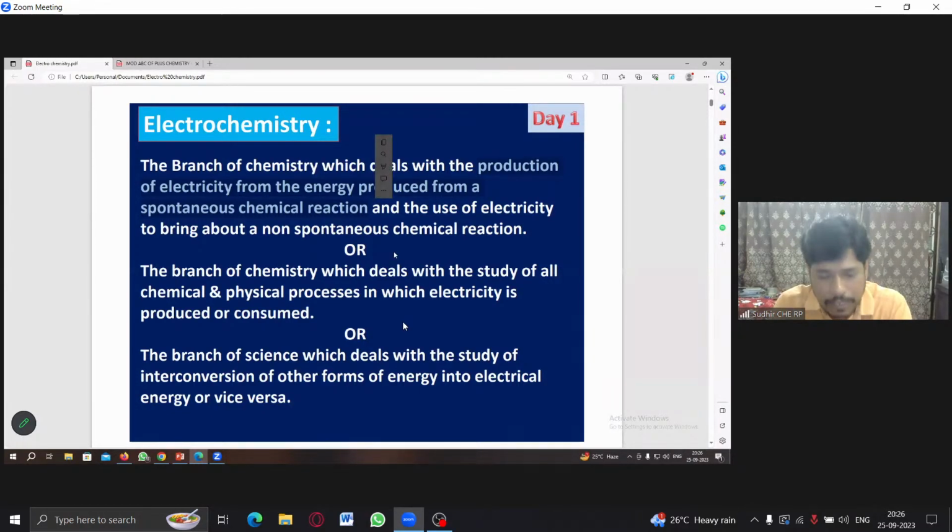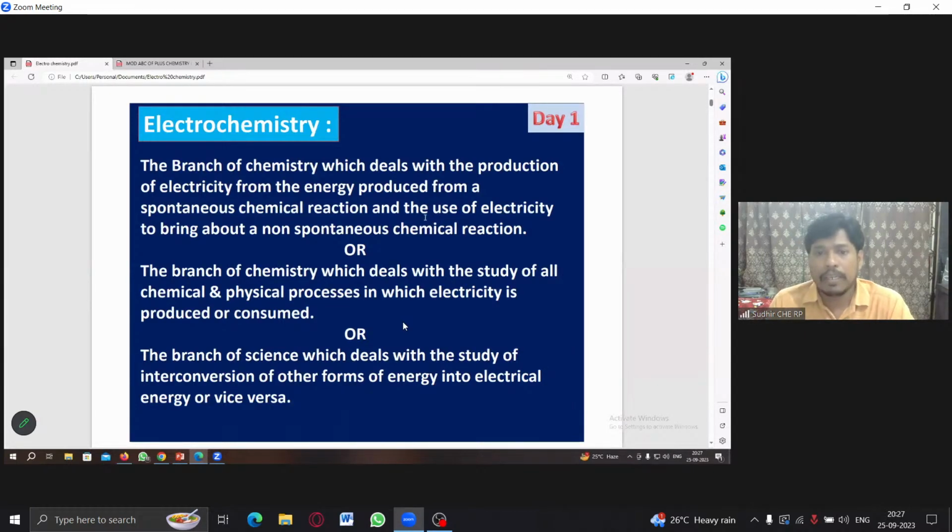Okay, so I request you, please make a note of this word, spontaneous chemical reaction. Here you need to very clearly understand what it indicates or what is meant by a spontaneous chemical reaction. Later I'll explain in the upcoming discussions. Okay, so we are going to produce electricity from the energy produced from spontaneous chemical reactions. That is one way of study we are going to involve in this chapter.